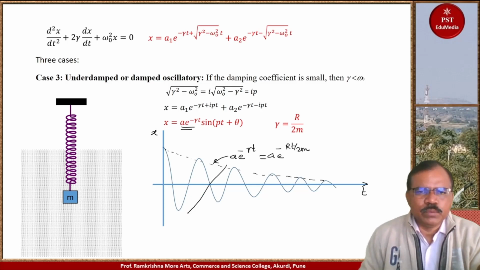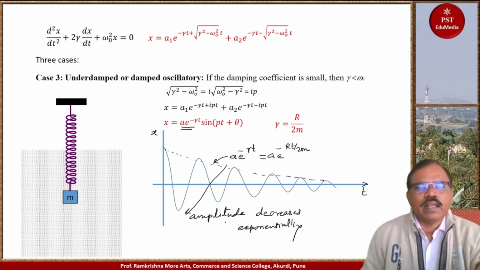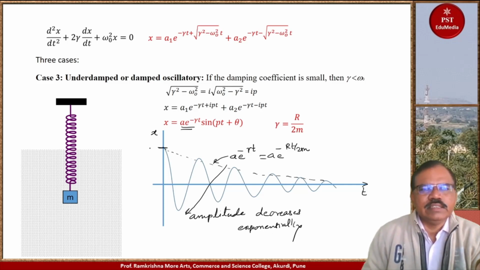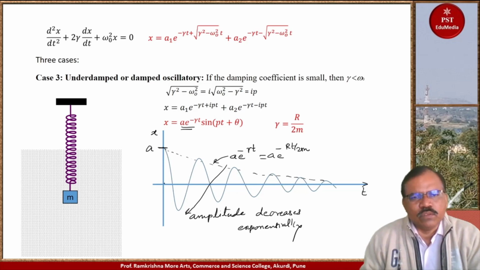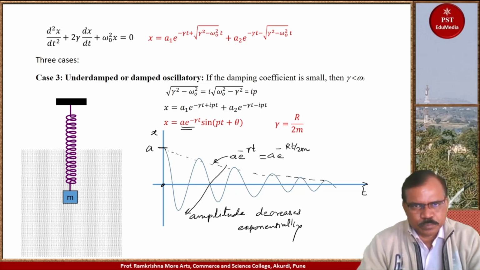So the amplitude decreases exponentially, and this one is the initial amplitude at t is equal to 0.